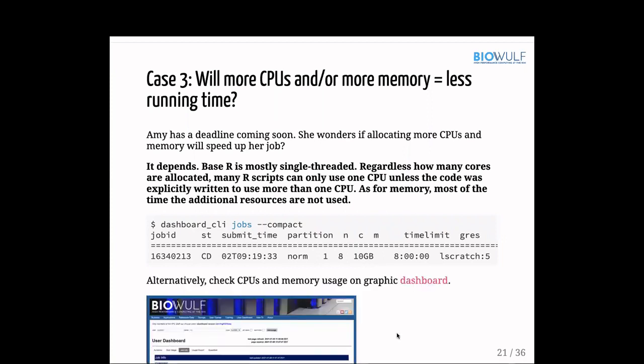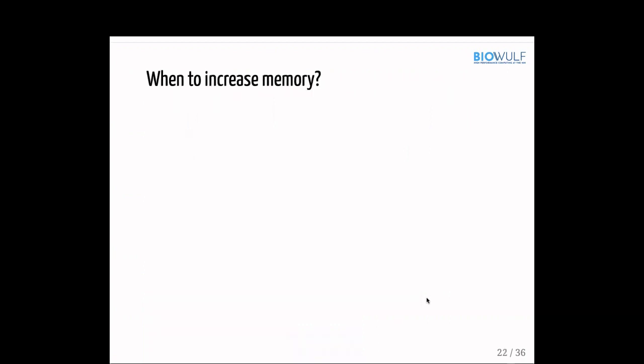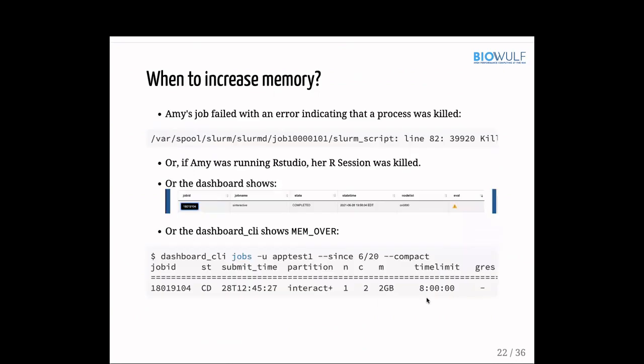All right, so we suggest that when you run a job, always check our dashboard. Here is an example of the graphic dashboard, and you can also use the command line. So when to increase memory? If your job gets killed, you can check the error message. If you see something that says killed, it's an out-of-memory kill.